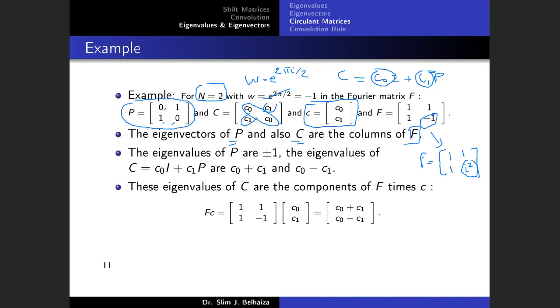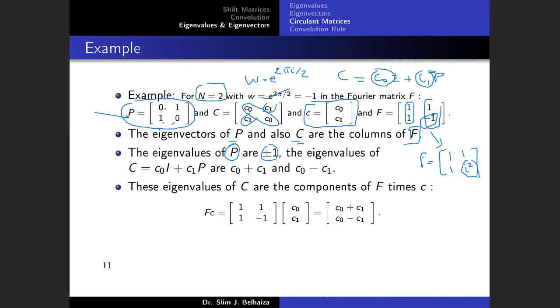So the eigenvectors of P, the shift matrix, and of C are (1, 1) and (1, -1). You can check it, whatever the values of the coefficients c0 and c1. Moreover, this is for the eigenvectors, and for the eigenvalues: the eigenvalues of P are plus or minus 1, while the eigenvalues of C are going to follow the magical formula we've seen in the previous slide.